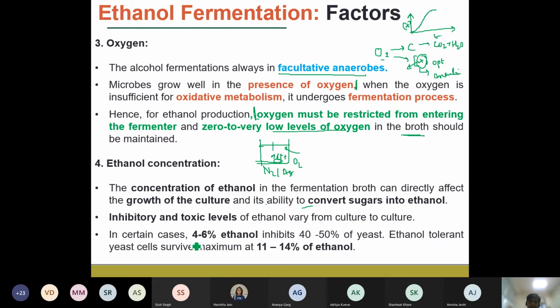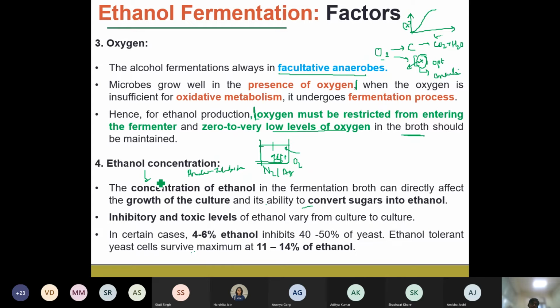Coming to the ethanol concentration, as we have discussed, in this case we have product inhibition, right? That means whatever ethanol is being produced actually inhibits the growth of the microorganisms, so the inhibition will be there in the microbial growth as well as in the production of the product.